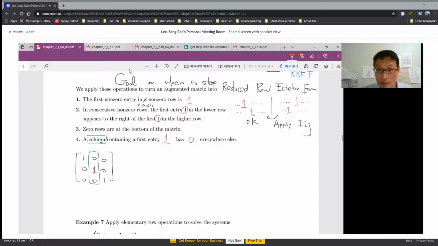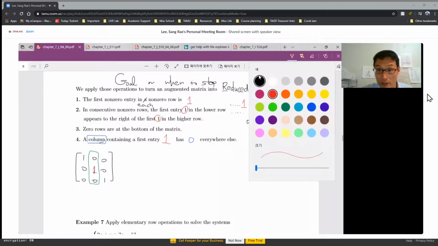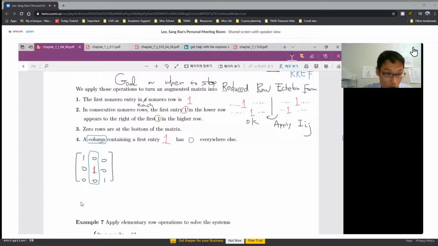So in that sense, this is RREF. The identity matrix is clearly RREF, reduced row echelon form. Once you get the identity, you're done. Unfortunately, our result will not be the identity. Our result is rather something like almost identity.